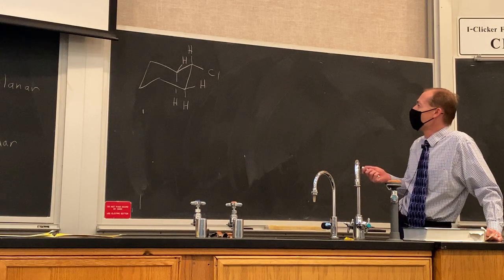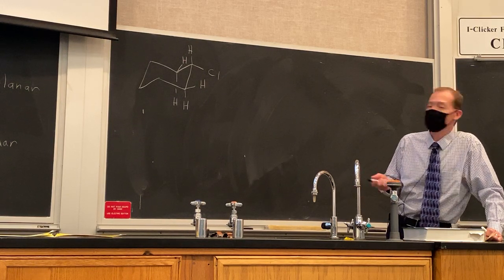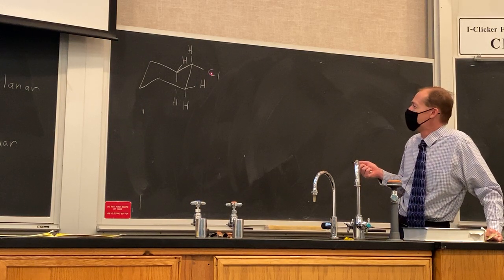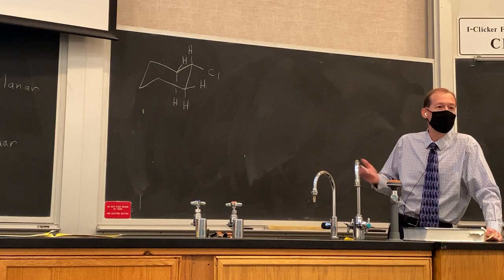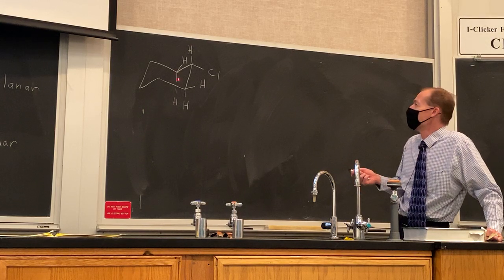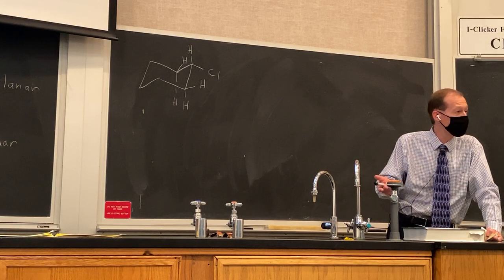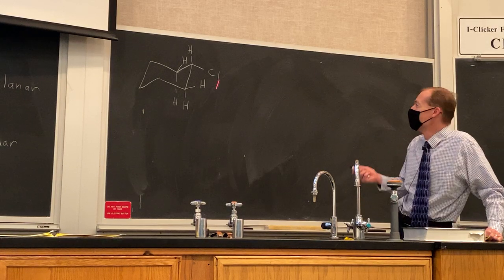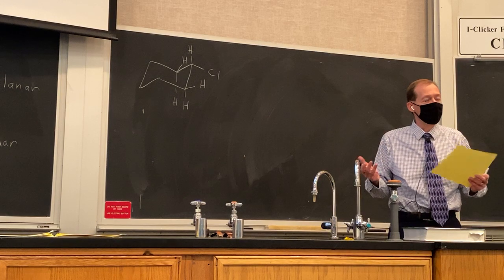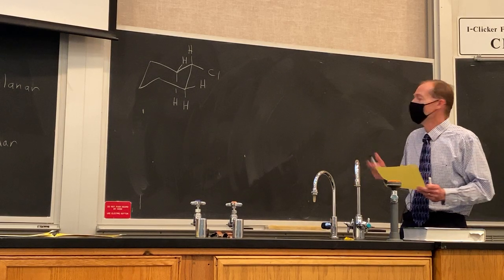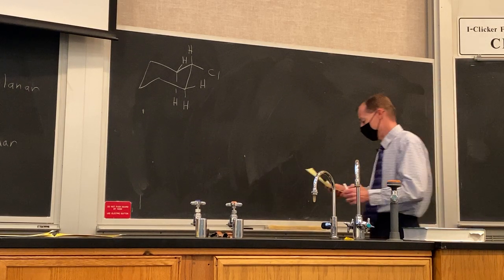If you have your chlorine, your leaving group, equatorial, the atoms that are anti are this carbon and that carbon. Right? You don't have any anti-beta hydrogens. Your beta hydrogens are all gauche. Remember the term gauche. So you cannot perform an elimination, an E2 reaction, when you have the chloride equatorial.